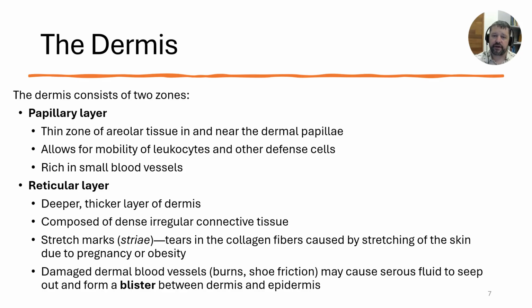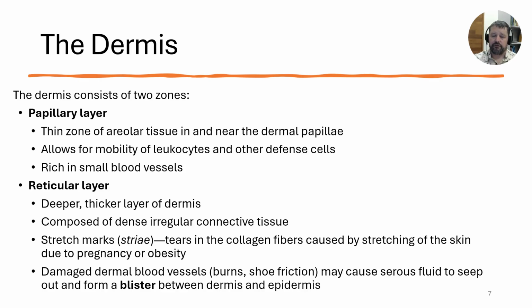So this is a thicker layer of the dermis. It's dense, irregular connective tissue. We already talked about this type of tissue. This is where things like stretch marks might occur. In individuals that have stretch marks, tears in the collagen fibers cause the stretching of the skin. So often we see this during pregnancy or obesity.